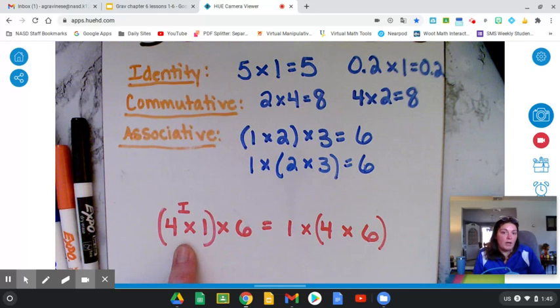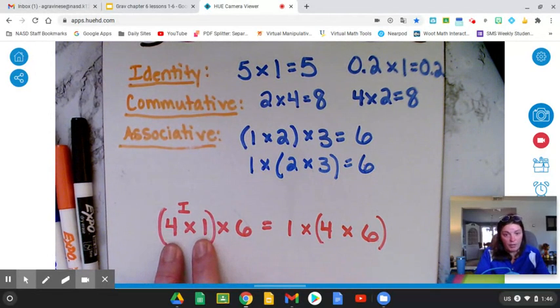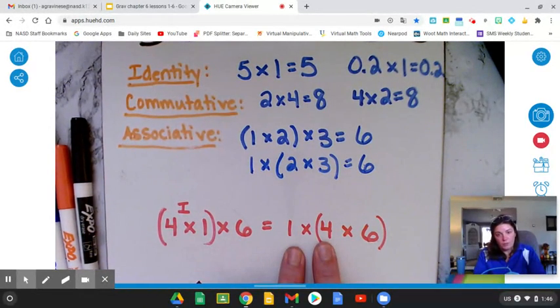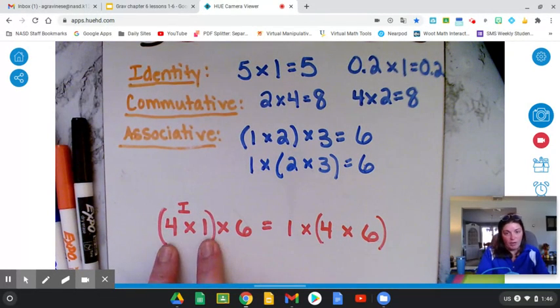I also have the commutative property because I've rearranged the order of some of my factors. I'm using a 4, a 1, and a 6 in both sides of my equation, but I flip-flopped the 4 and the 1. So I've changed the order of some of my factors.